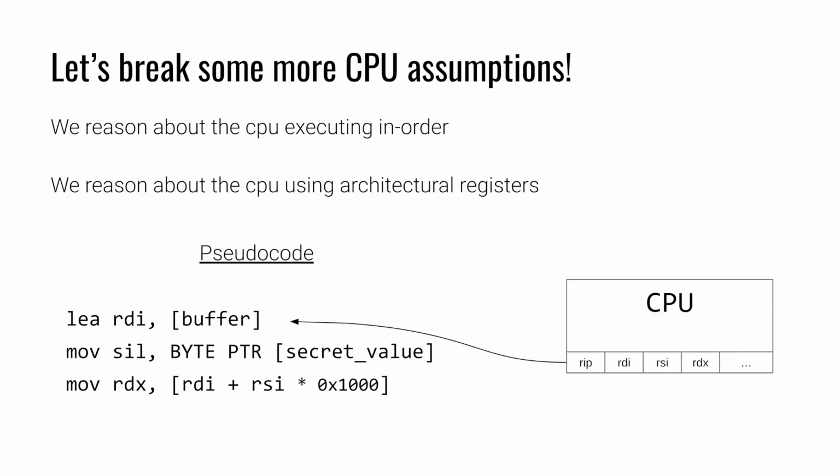In order to answer that, we have to break down some more assumptions that we have about how the CPU works. So typically, we reason about the CPU executing in order, that it's going to do something like here's instruction 1, here's instruction 2, here's instruction 3, and there is some register. I could point to RIP, RDI, RSI, RDX.